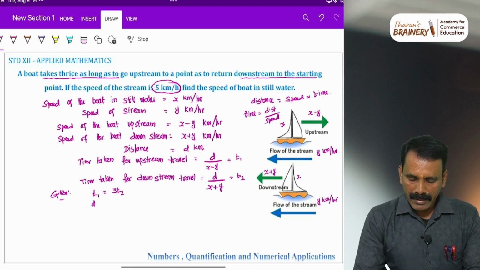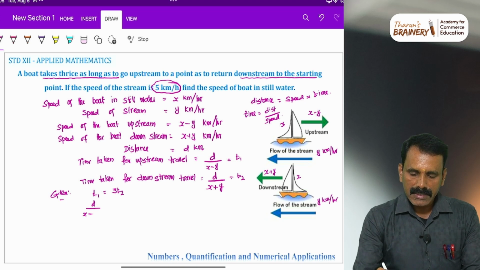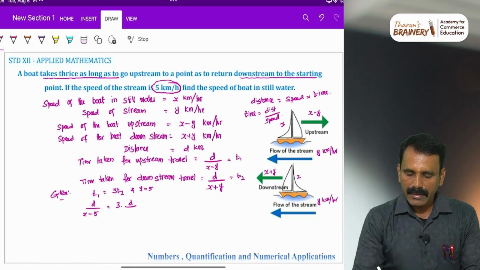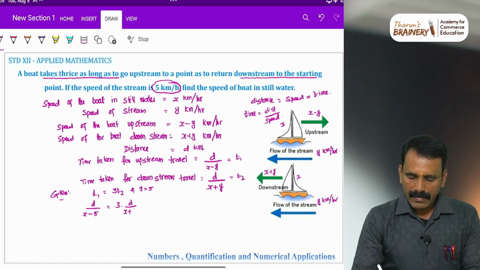So d divided by x minus y, the speed of the stream being 5, so we can take y is equal to 5, is equal to 3 times d divided by x plus 5, and we can cancel d on either side and cross multiply, we get x plus 5 is equal to 3 times x minus 5.